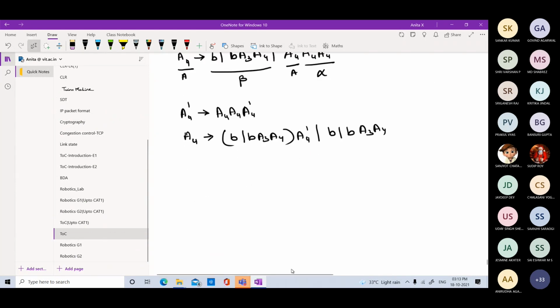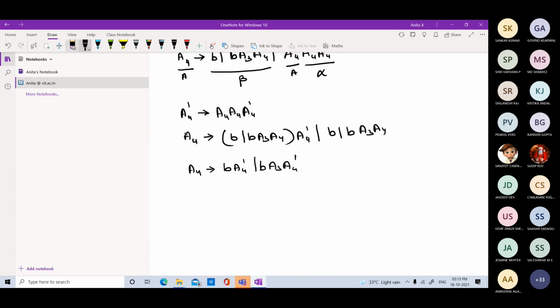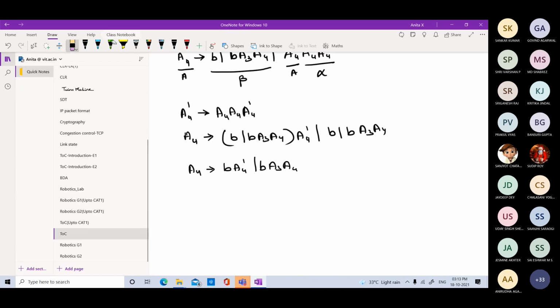So I can rewrite this as A4 derives B A4 dash or B A3, A4 dash.